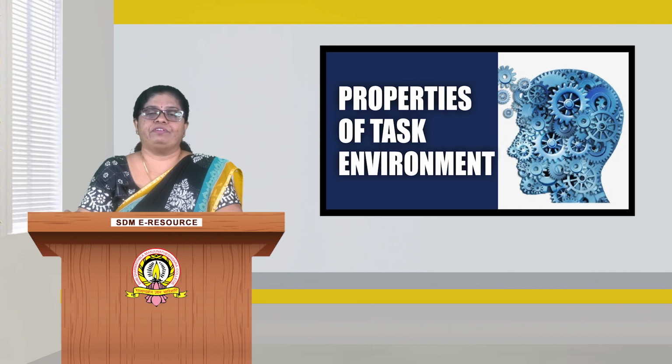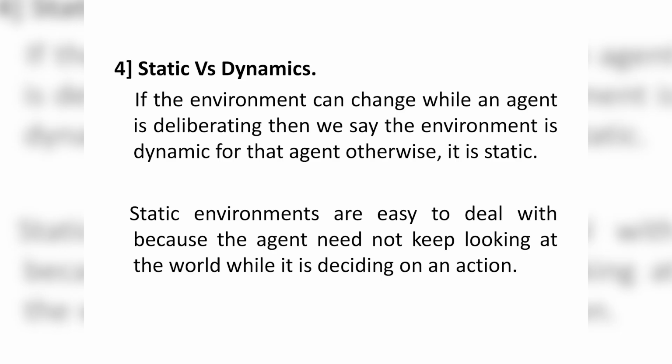Fourth type of task environment is static versus dynamic. Static means it is fixed, whereas dynamic means it changes. If the environment can change while an agent is deliberating, then we say that environment is dynamic for that agent.